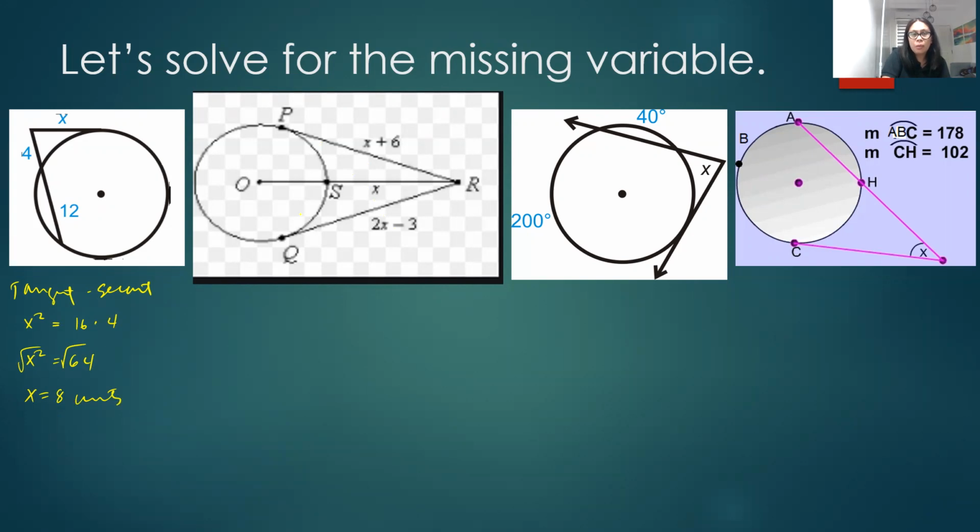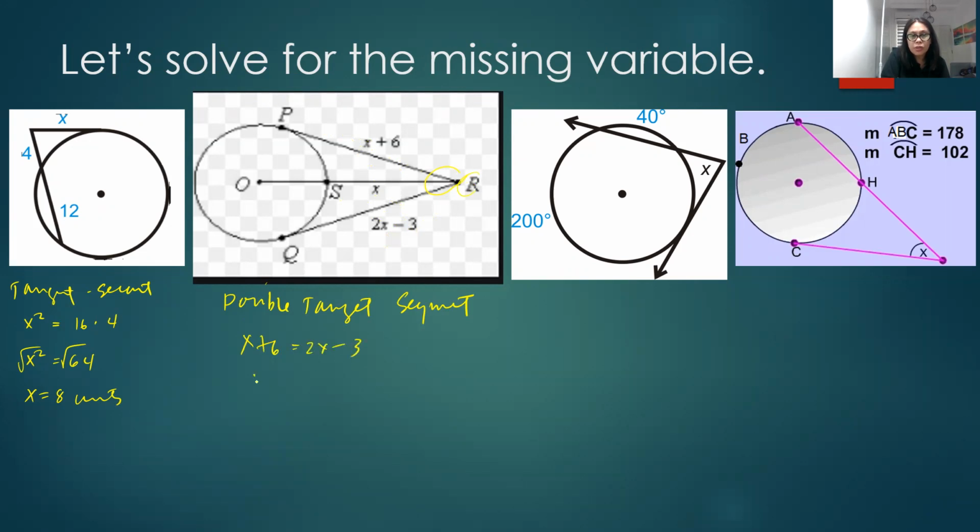So this one is the application of the double tangent segment theorem, such that whenever two tangent segments intersect at an external point R, the lengths of the two are equal. So we have x plus 6 equals 2x minus 3.